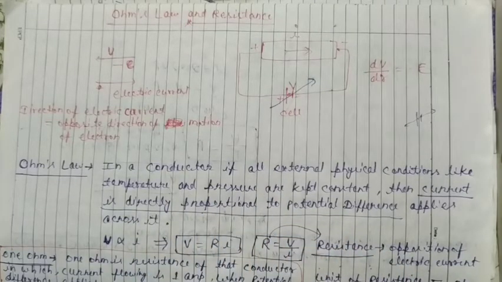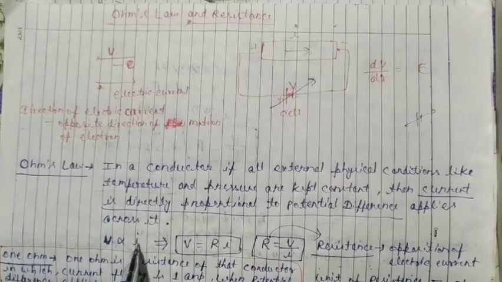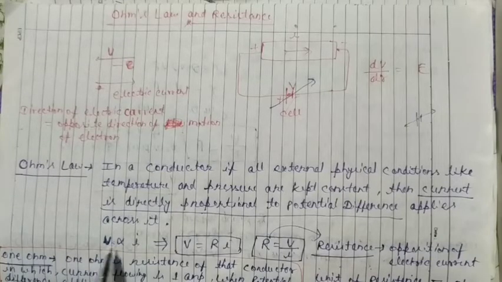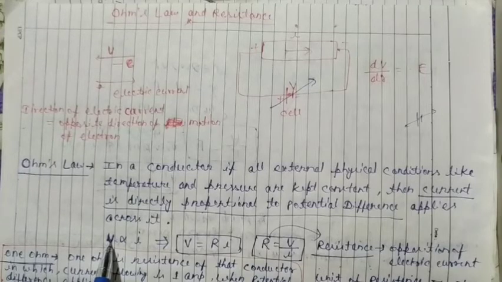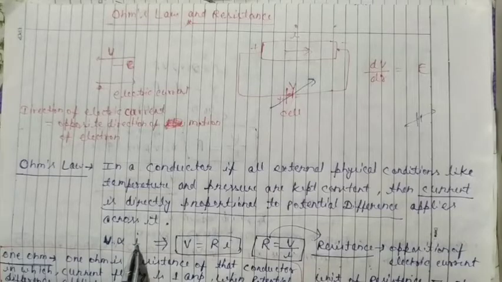Direct proportion means V is proportional to I directly. V is proportional to I, and power of both is 1. Power of V and power of I is 1. Means if you change it 2 times, this will change 2 times.